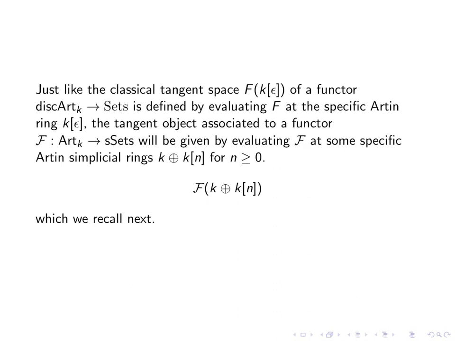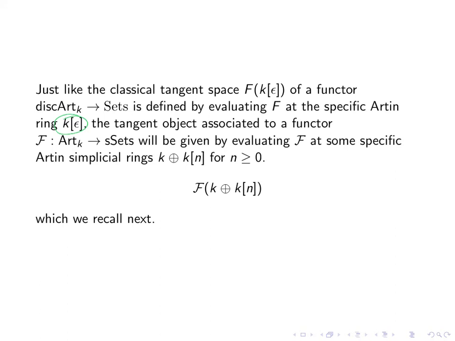Okay, so now let's go back to our formally cohesive functor f. Just like in the classical tangent space of a functor on discrete Artin rings to sets, it's defined by evaluating f at the specific Artin ring k epsilon.